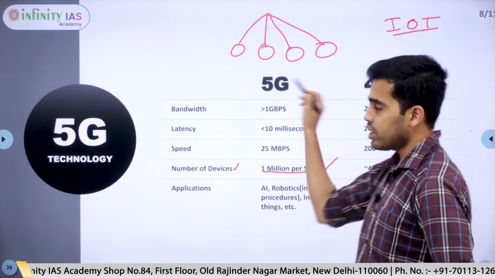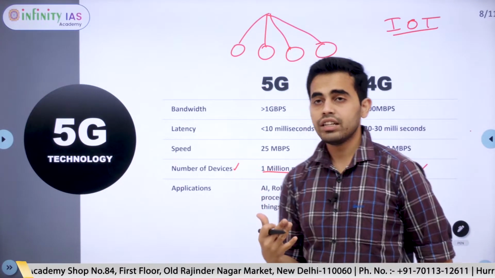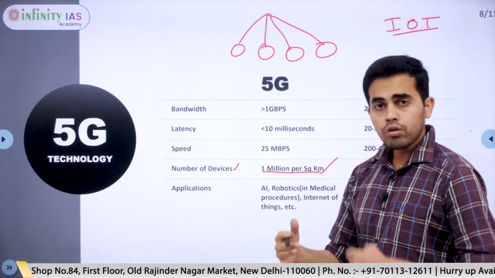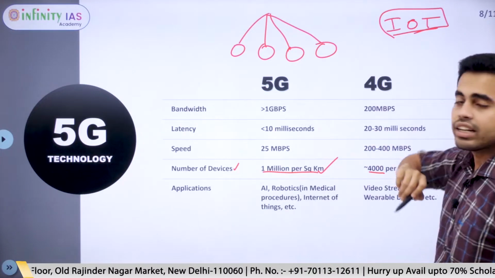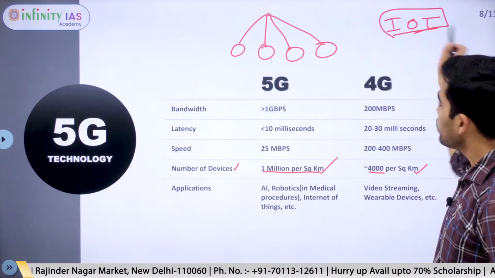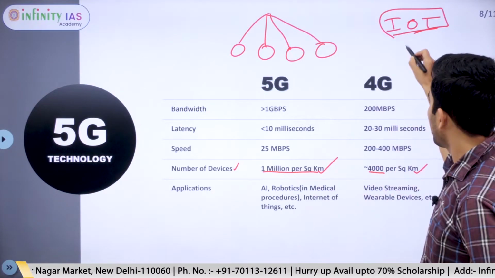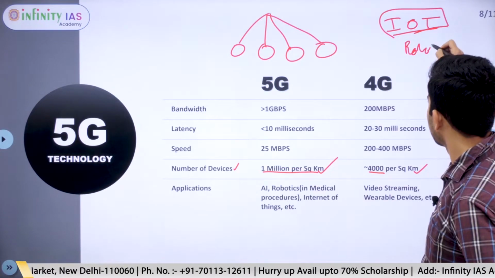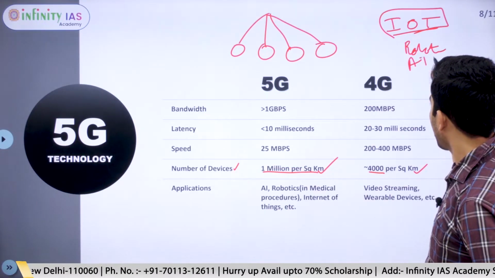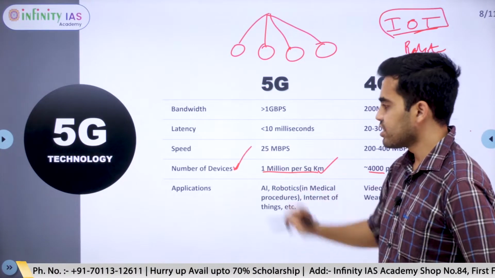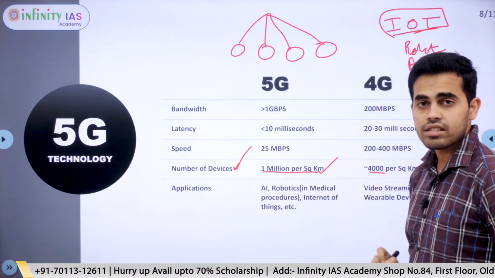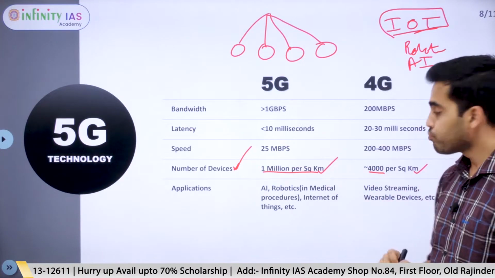This is one important difference between 5G and 4G, because rollout of 5G technology will help in taking up of Internet of Things. Not only Internet of Things, even robotics and AI also can be helped because of this advantage, that is, higher number of devices are supported on 5G.